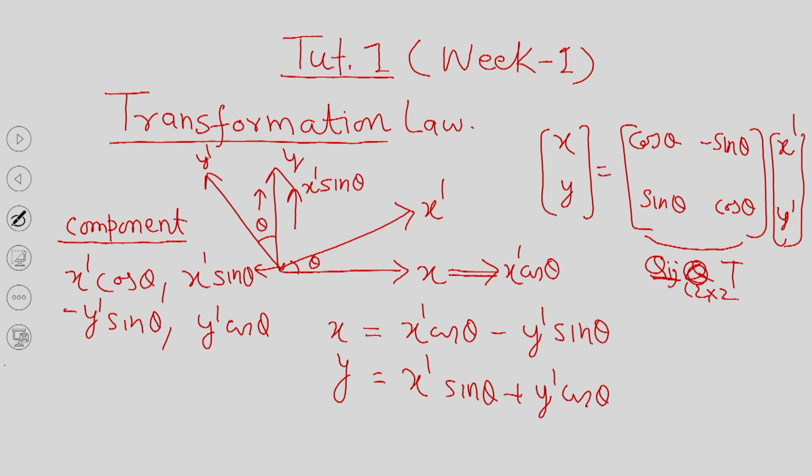At some point, you may know the values along x and y, and you are interested to find out the values along the rotated axis. In that case, x dash and y dash will be the inverse of this times x and y.